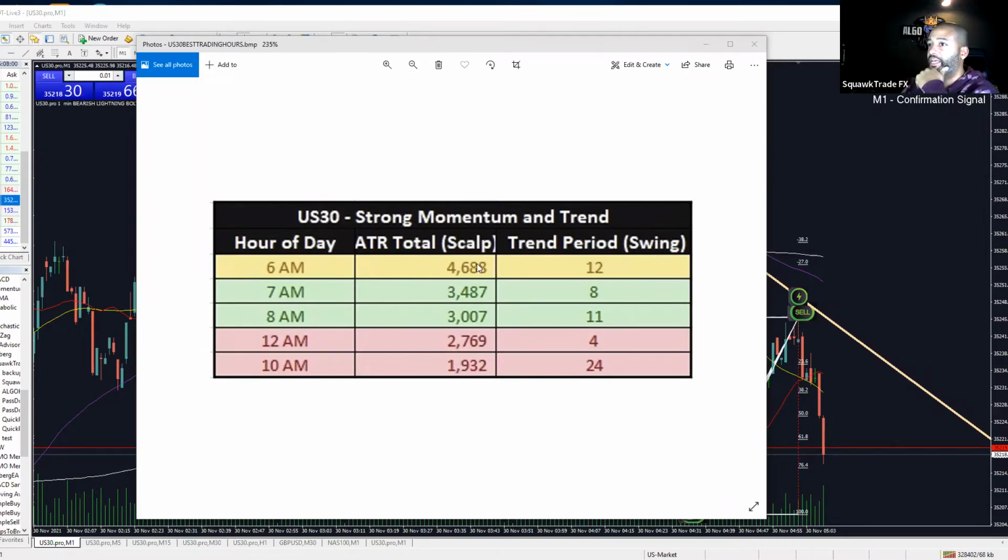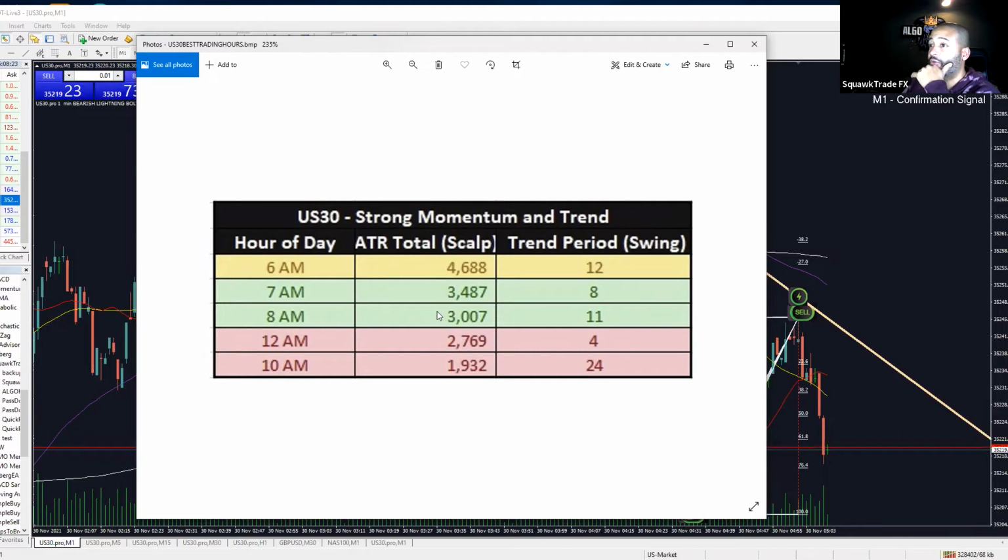And this ATR total is saying, that's a scalp. A good opportunity to trade is at 6 a.m. Pacific time, 9 a.m. Eastern. Next best time is 7 a.m., Eastern 10 and Eastern 11, my 8 a.m.